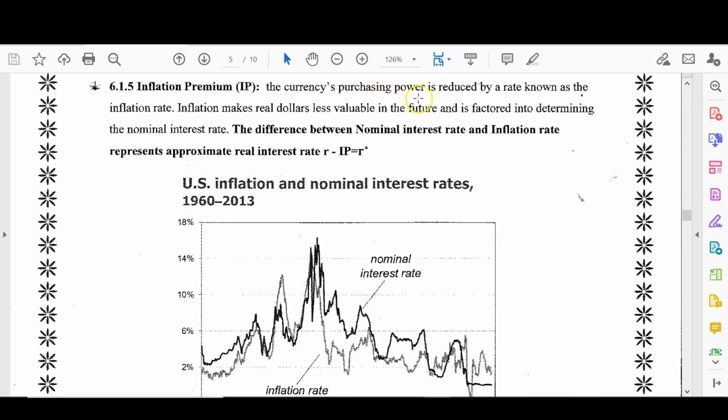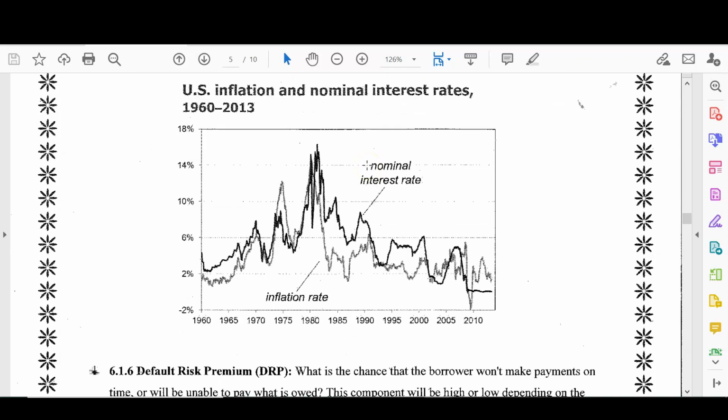The currency's purchasing power is reduced by a rate known as the inflation rate. Inflation makes real dollars less valuable in the future and is factored into determining the nominal interest rate. The difference between nominal interest rate and inflation rate is real interest rate. This we have discussed, and we know that the nominal rate R minus the inflation premium IP equals real risk-free rate.